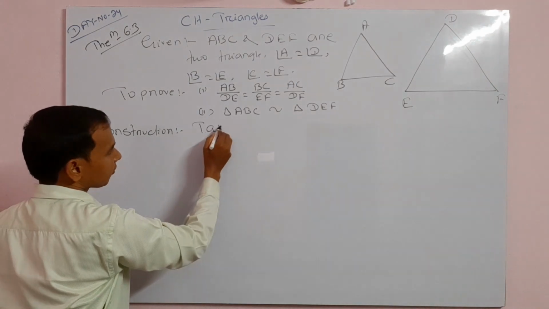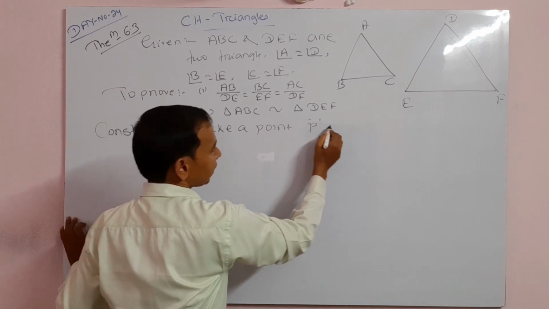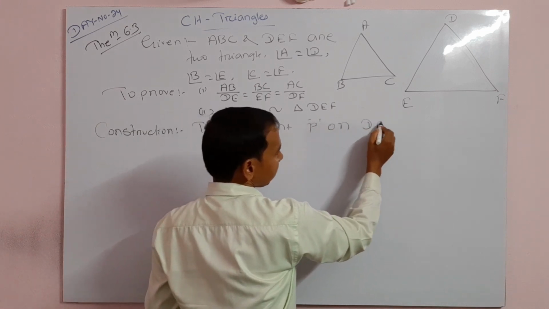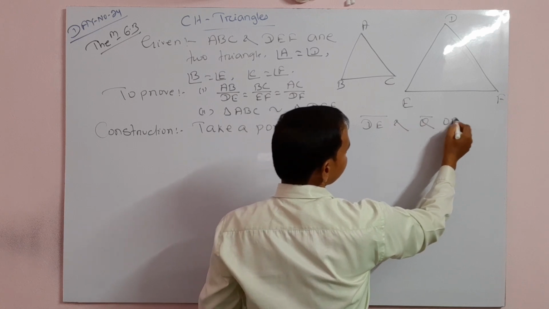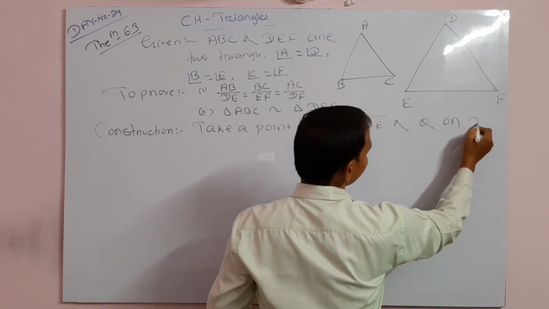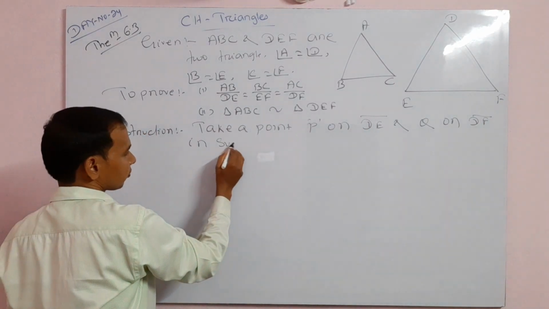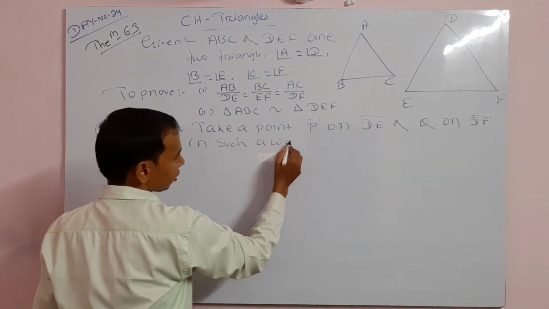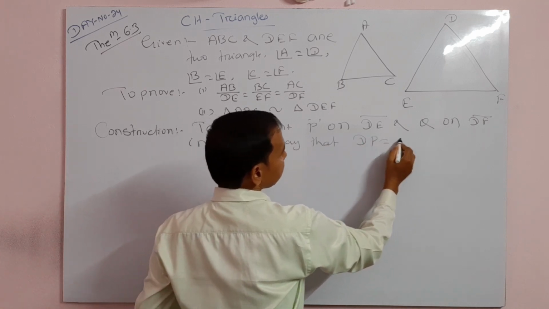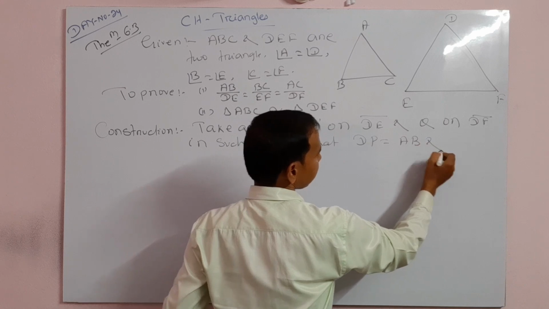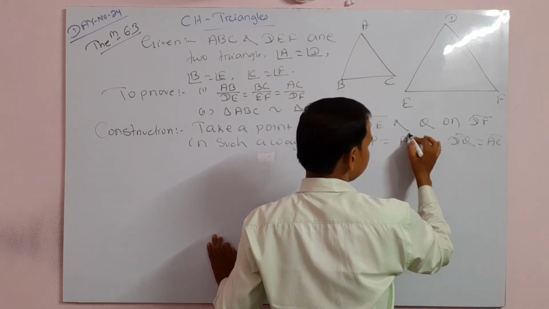Take a point P on DE and Q on DF in such a way that DP is equal with AB and DQ is equal with AC.